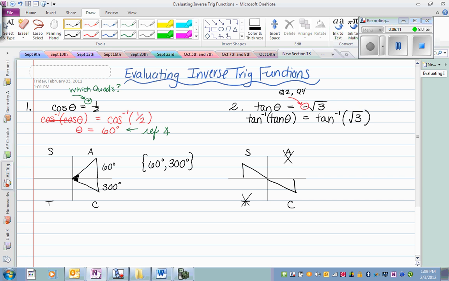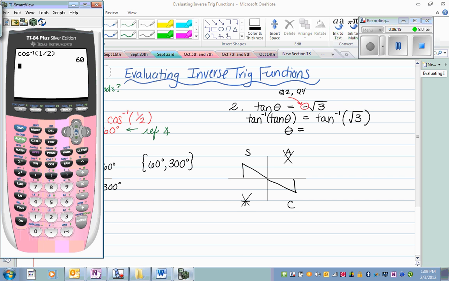Do not put the negative in your calculator. So theta equals second tan of just positive radical 3. Of course, I got 60.